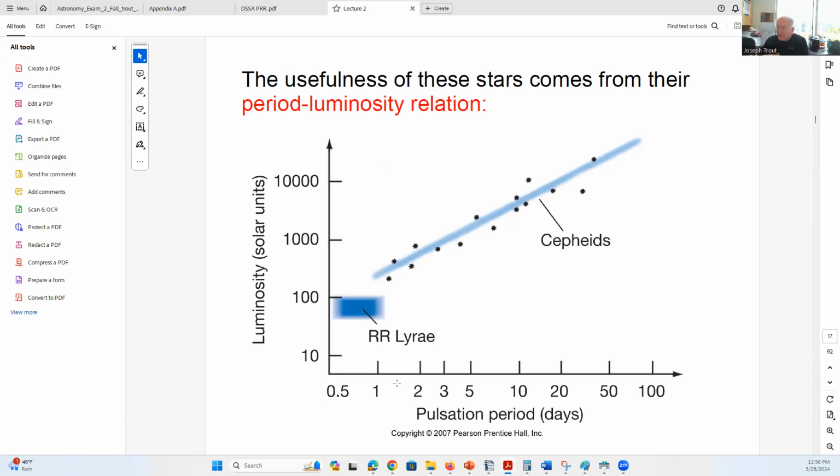The usefulness of these stars comes from their period luminosity relationship. It's really easy to measure the period. We just look and it gets bright and it gets dim, and we can see how long it takes for that to happen.